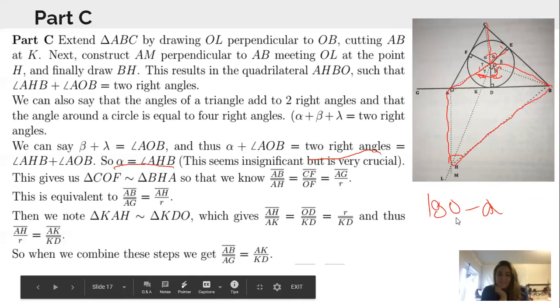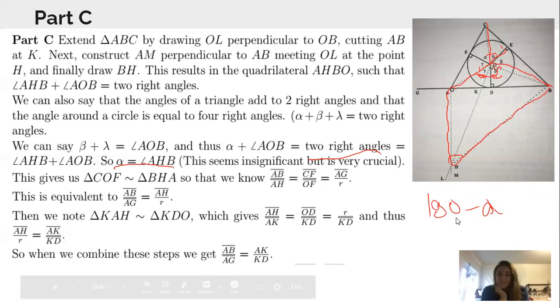My bad. So basically when you get this, that equals the beta plus the lambda.